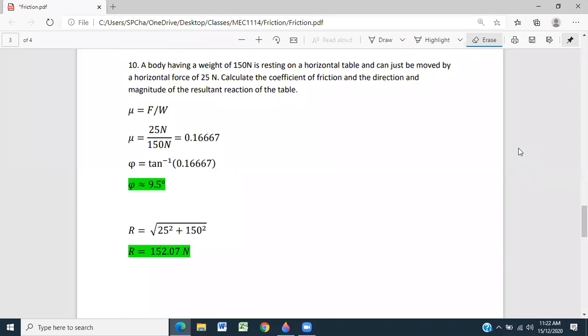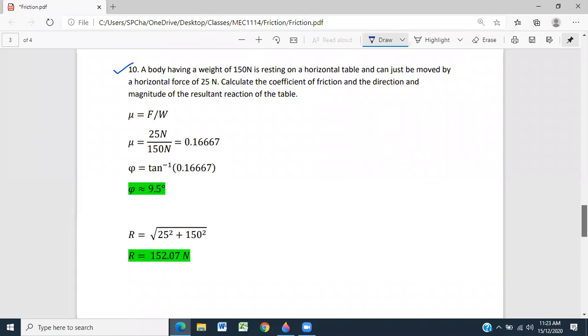So numbers 7, 8, and 9. Some of them are graphical. One, I think, is just an extension of what we've been doing, like in numbers 1, 2, and 3, right? But number 10 is the one you might want to focus on for the test.